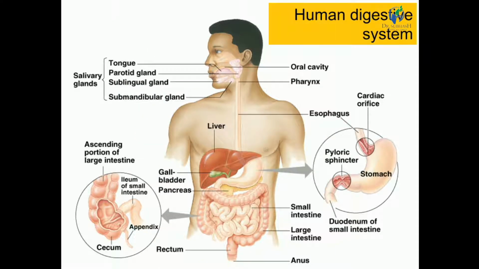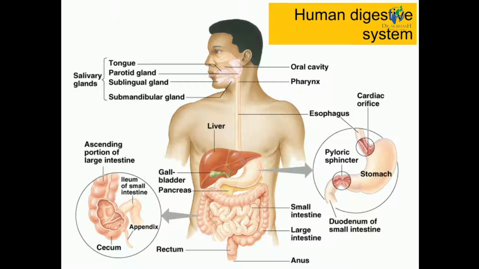Here we will have a brief idea about the human digestive system, considering its anatomy. It starts with the oral cavity. The oral cavity involves lips, teeth, tongue and salivary glands.